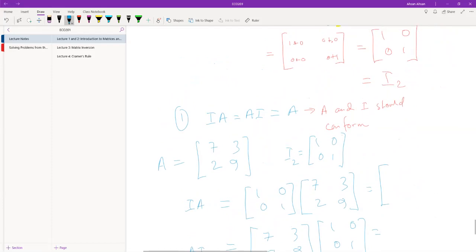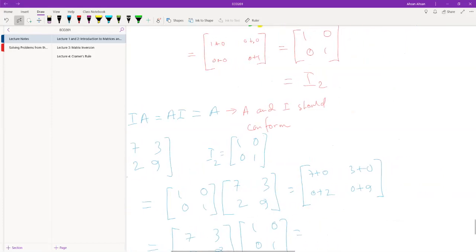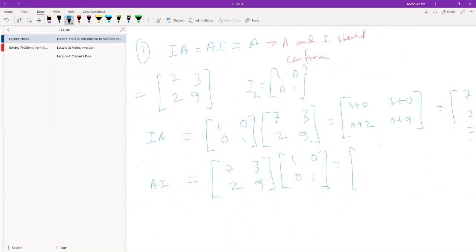So what we get here is 7 plus 0. And here we get 3 plus 0, 0 plus 2, and 0 plus 9. So that gives us 7, 3, 2, 9, which is of course equal to A. And if we do this, what do we get?